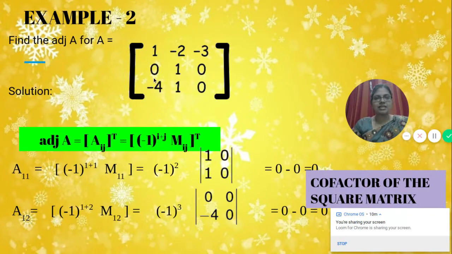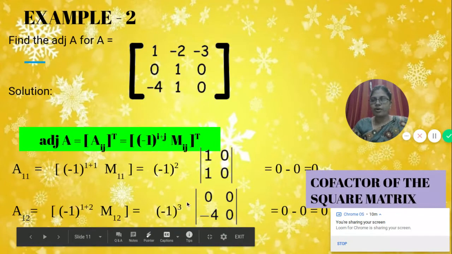We have to cancel the row and the column where the element lies. So now our element is 1. It lies in the first row and the first column. So we cancel the first row and the first column. The remaining elements give me the minor of the element A11, that is 1.